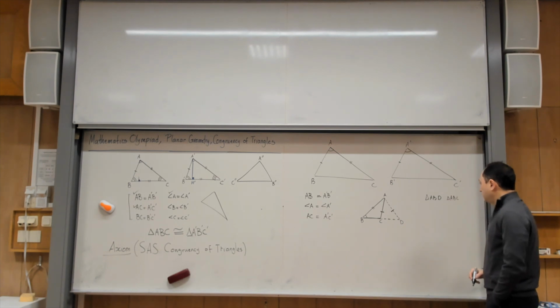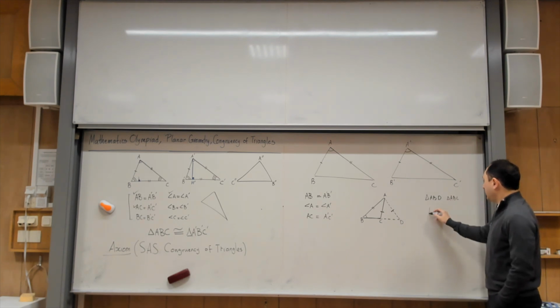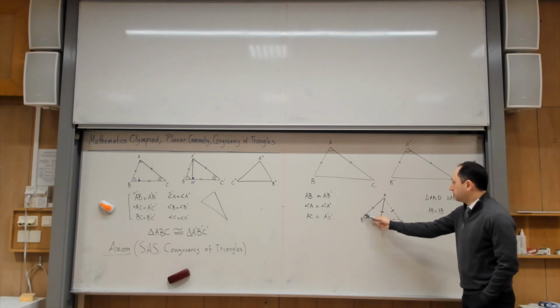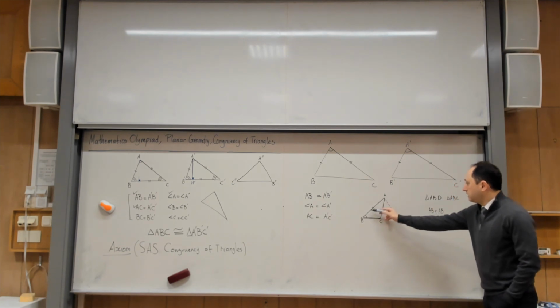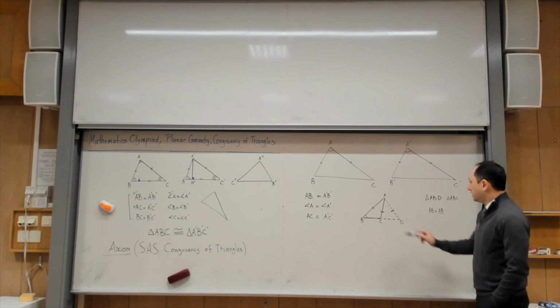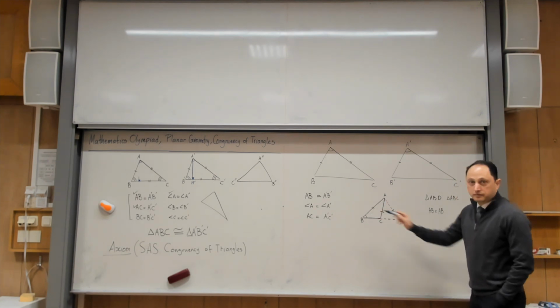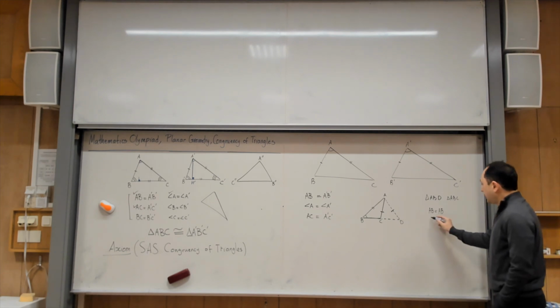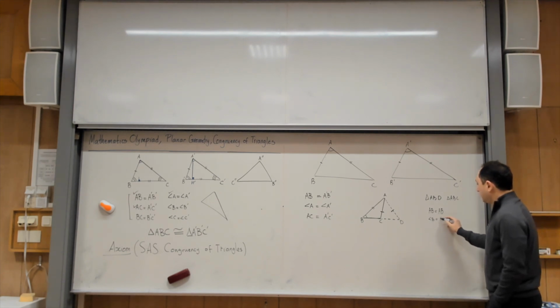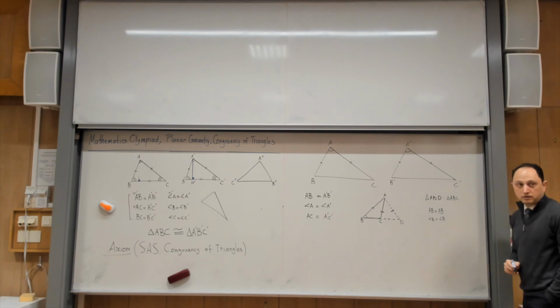Yes? In these two triangles, you see that AB is equal to AB. Do you agree? Because AB is the side of the bigger triangle, and AB is also the side of this smaller triangle. So they are equal. So this is the side in common. And the angle B is also equal to angle B. Yes?